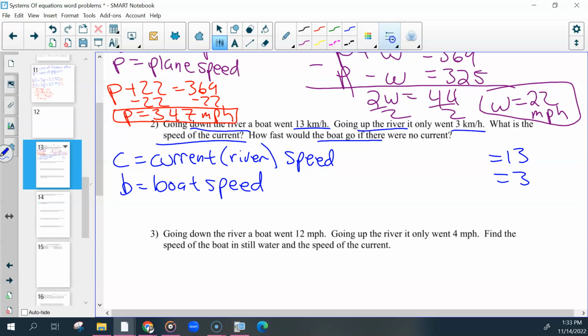What would we set equal to 3? B plus C for which one? For 13. And then for 3? B minus C. Because the boat speed is being helped with the river speed, so we're getting rid of the river speed.